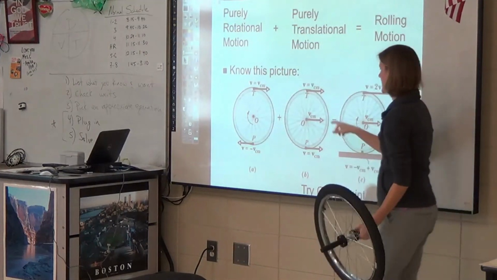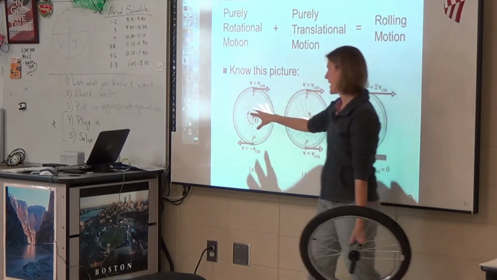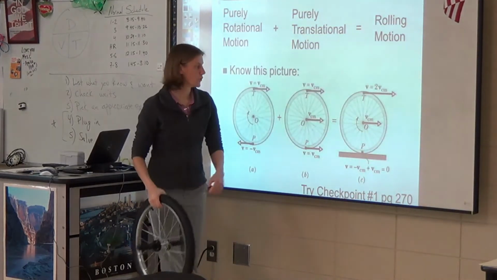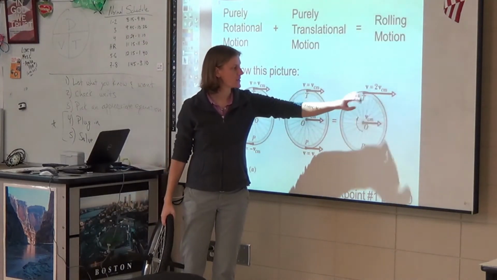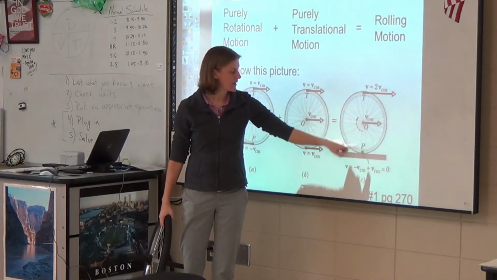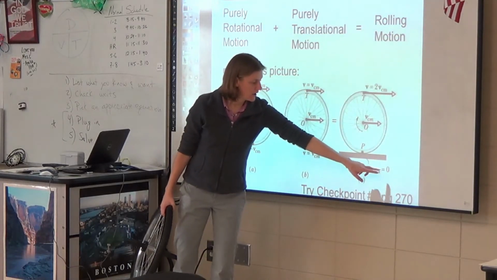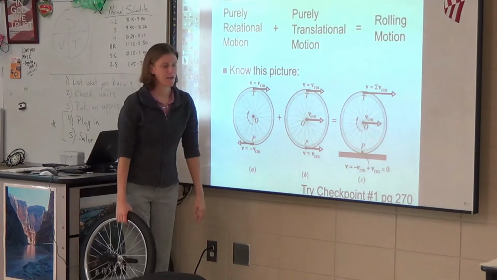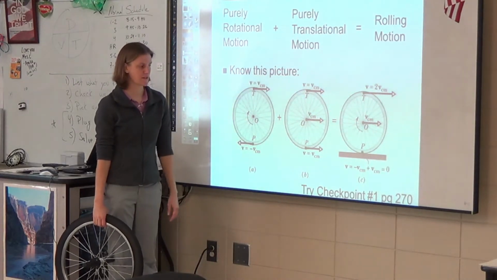It would also be the same, but in the same direction. So if you think of the overlap of these two, the top actually would be going twice as fast as the center of mass, and a point at the bottom would actually not be moving for that instant, which is kind of interesting to think about.